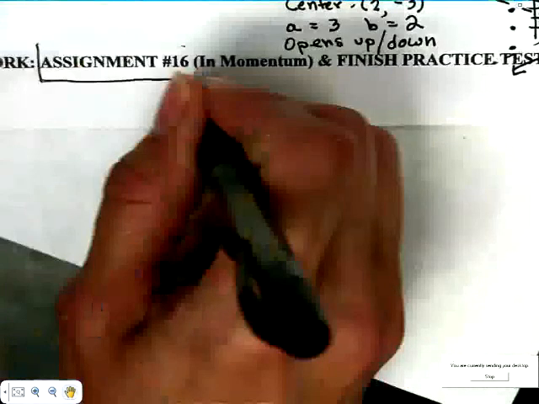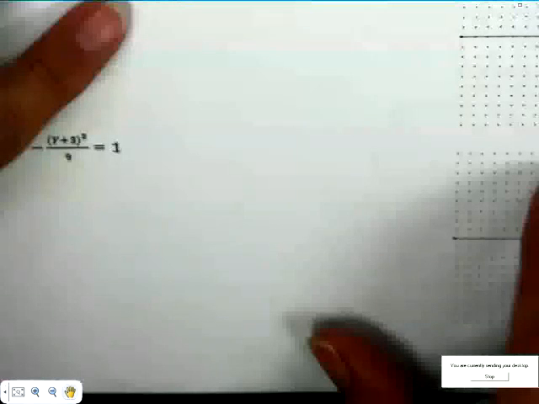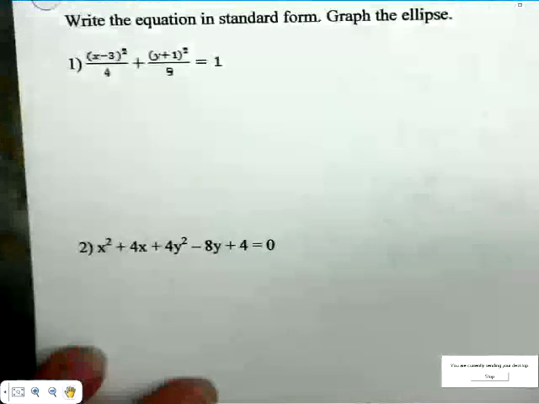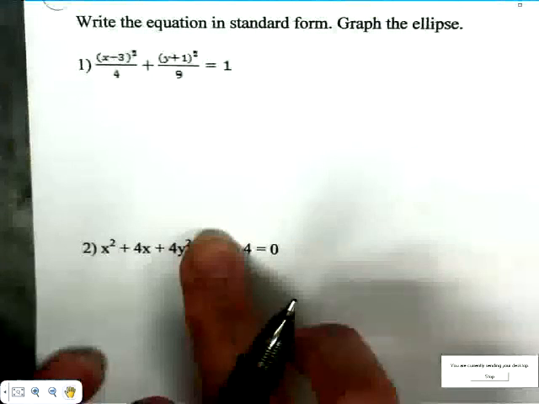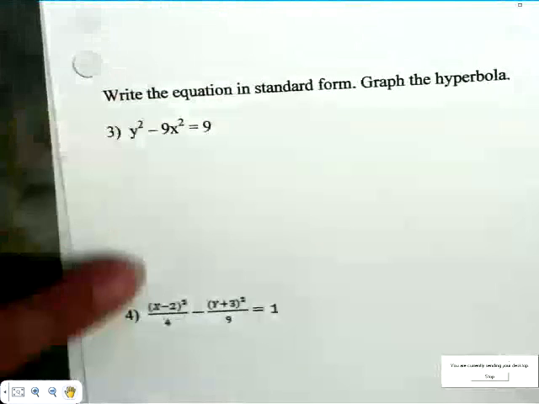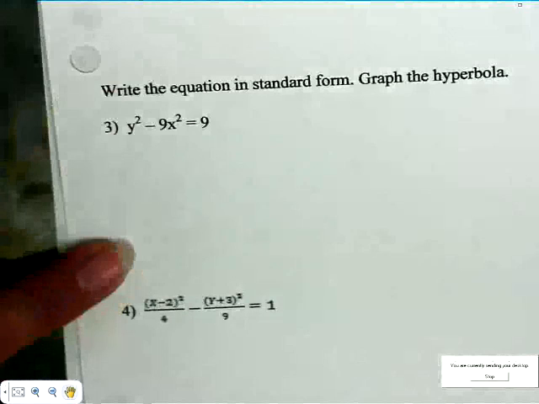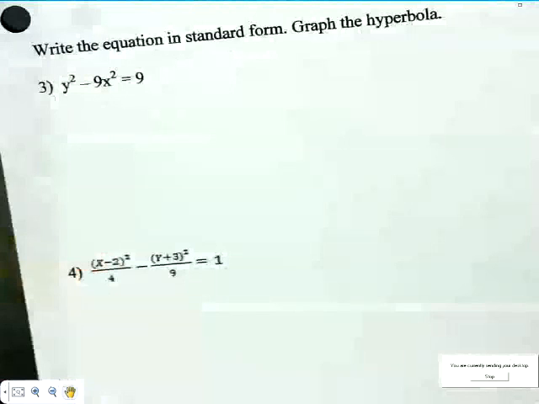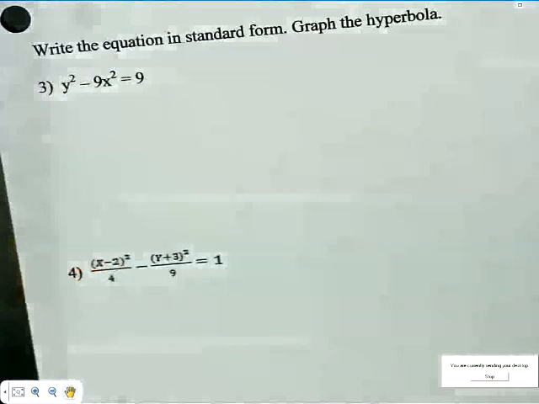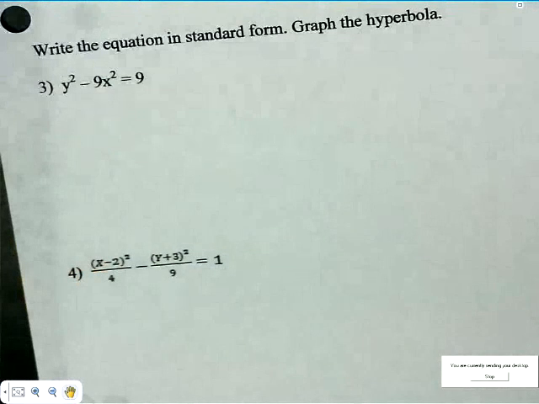Assignment 16. Let me just show you what that looks like. I've printed the first page off Momentum. Because I'm trying to get you ready for the test, there are a couple of ellipses to graph from section 7.3, a couple of hyperbolas to graph from 7.4, but the next page, actually I didn't print the next page, it has some circles and ellipses also for review, and then there are some that just say identify.